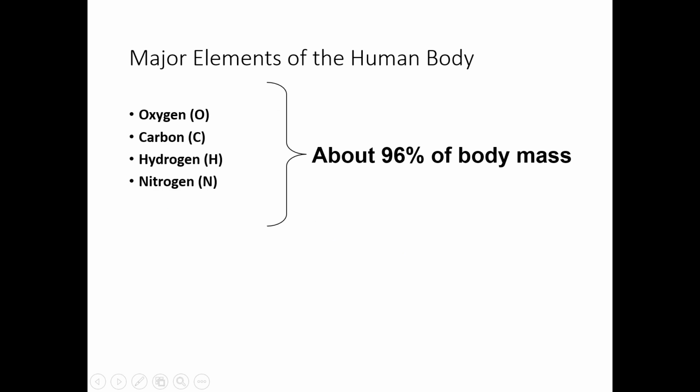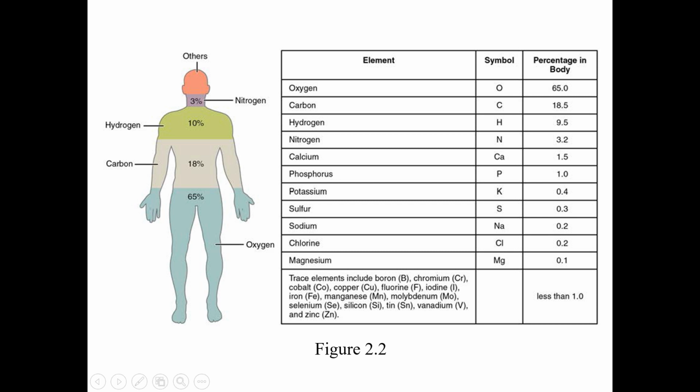Major elements of the human body are oxygen, carbon, hydrogen, and nitrogen. Together, they make about 96% of our body mass. That is table 2.2 in your book showing major elements in our body. For all of those elements, you need to know their name and their symbol.